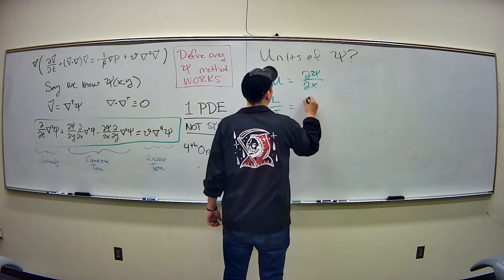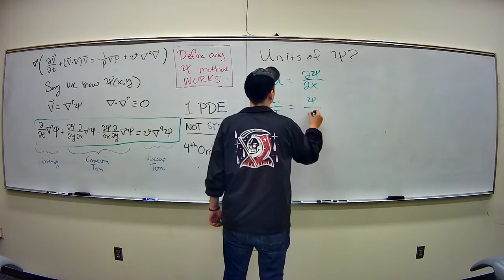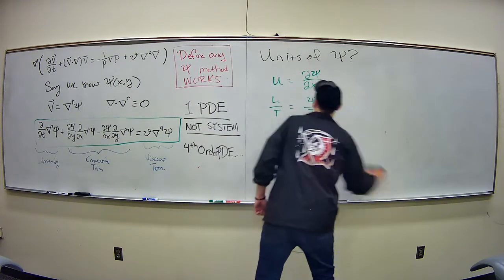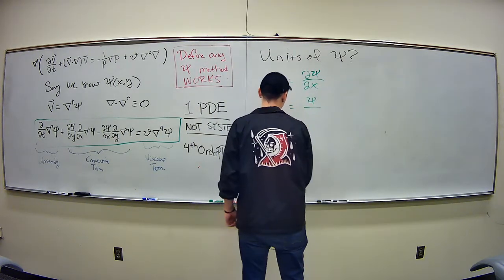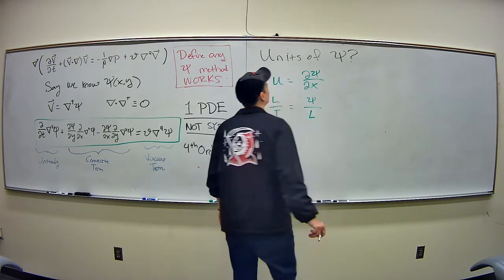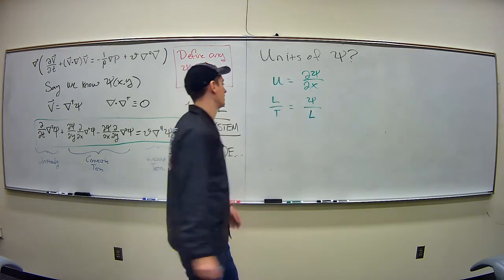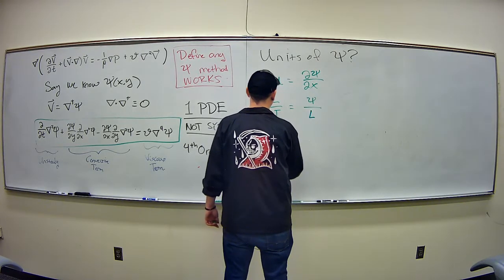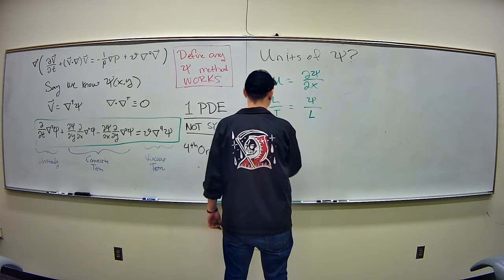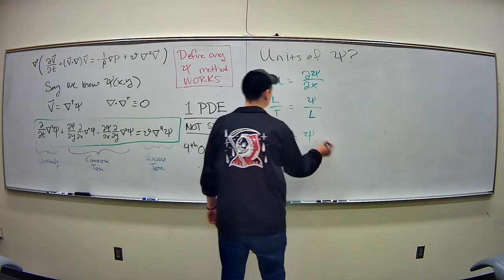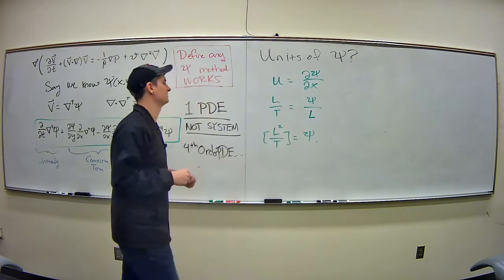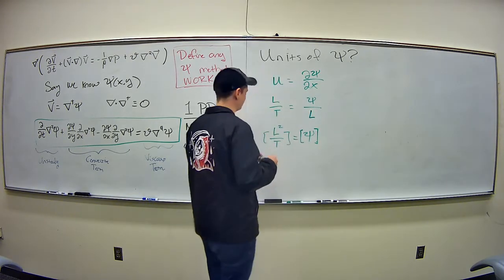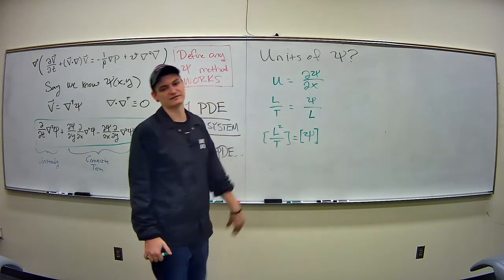This is length over time, and this over an L. Okay. So now you know what the units of psi are. Those are the units of psi. Your stream function has units of length squared divided by time.